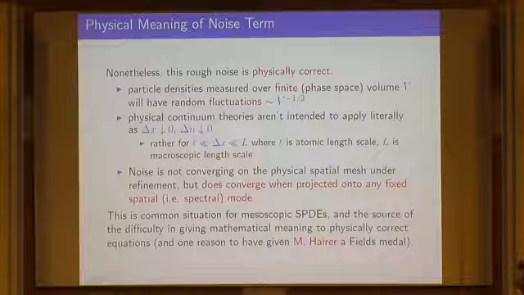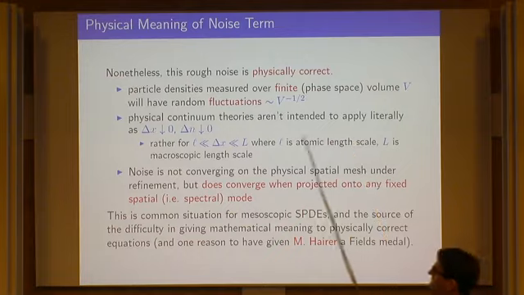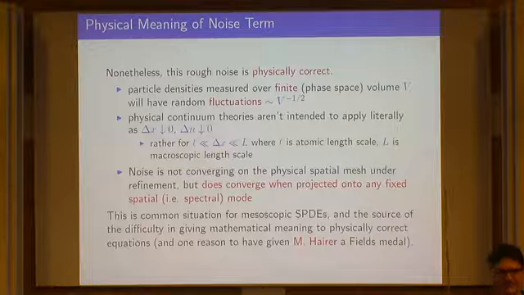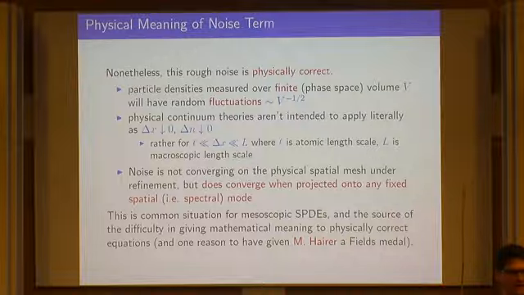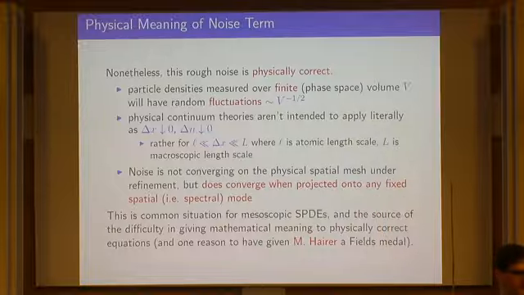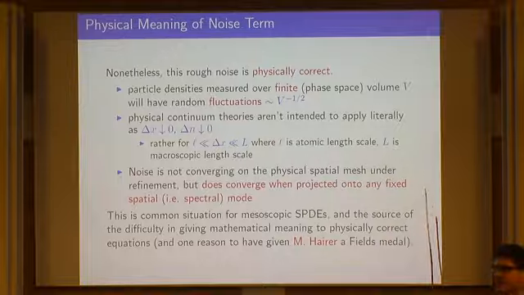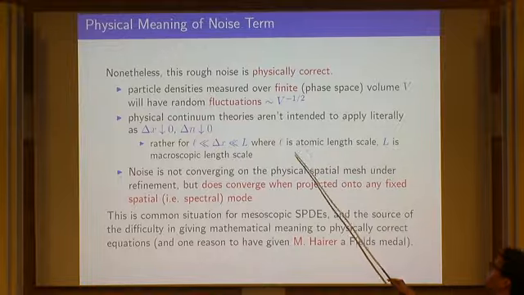But to some extent you don't really care about that, because if you're working with a continuum theory, you don't ever really mean to take the limit as delta x goes to 0. Delta x is small compared to anything I care about, but of course it's big compared to atomic-level things, quantum effects, and so forth. So there's always a lower cutoff scale.